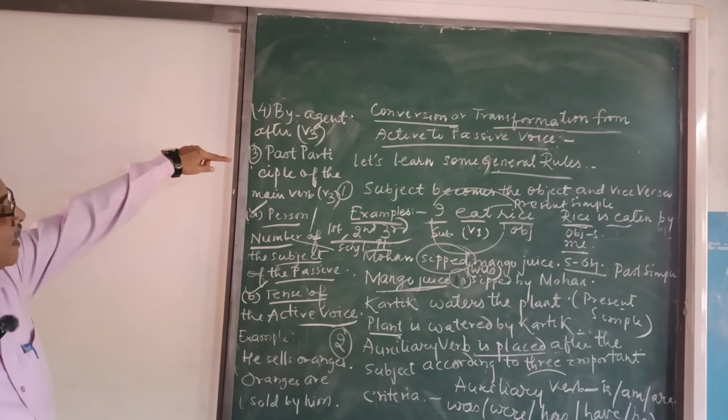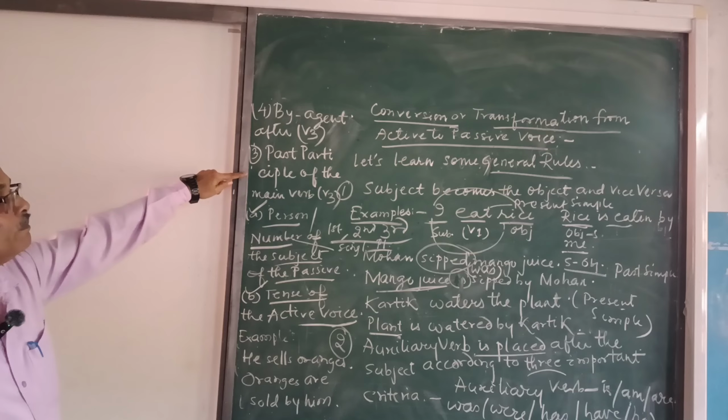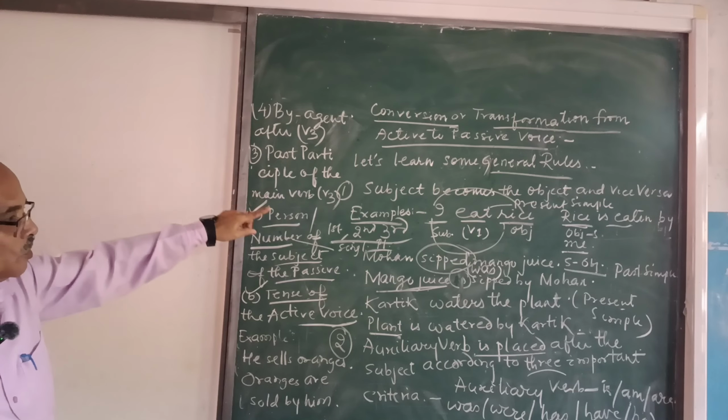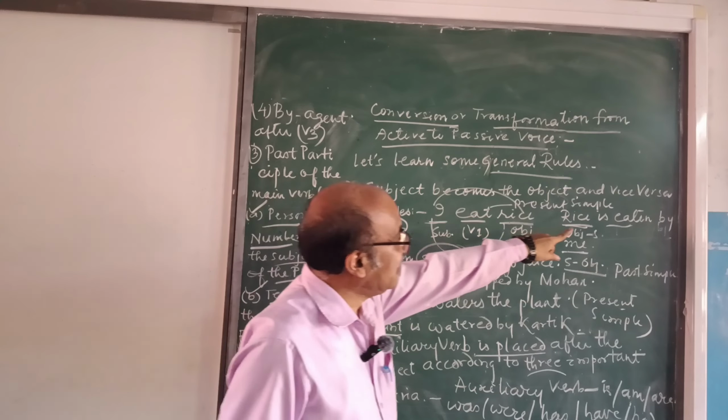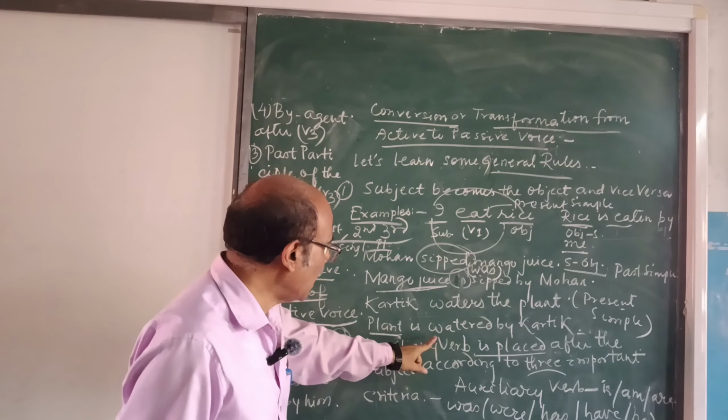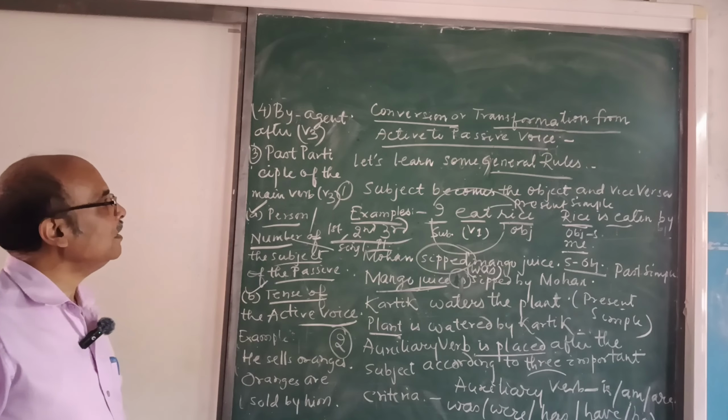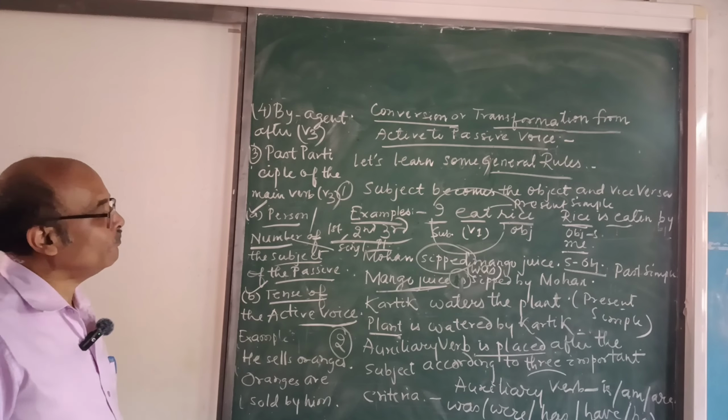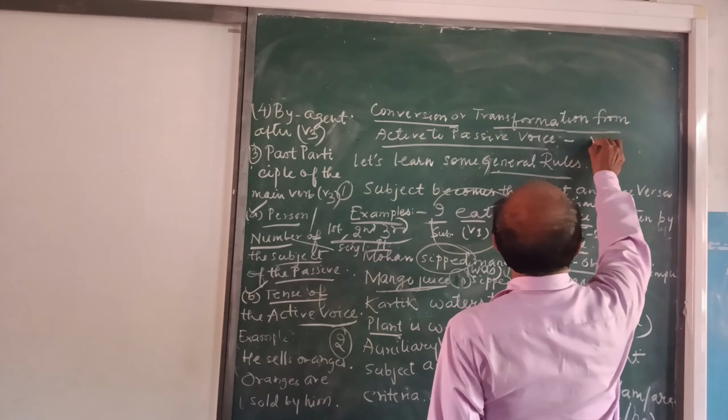And the third is the past participle of the main verb. So, sipped, eaten, watered, these are V3 forms of the verb. There are 4 forms of the verb.